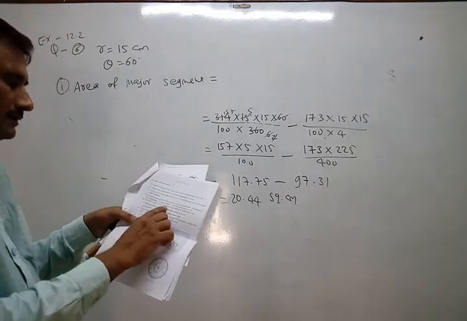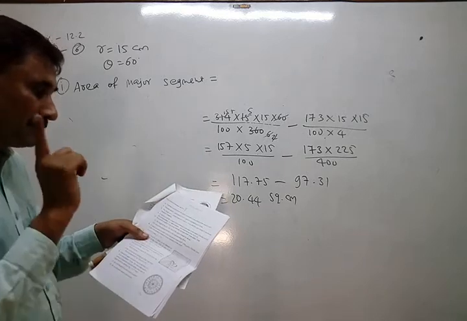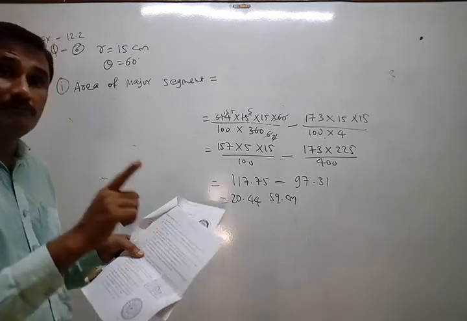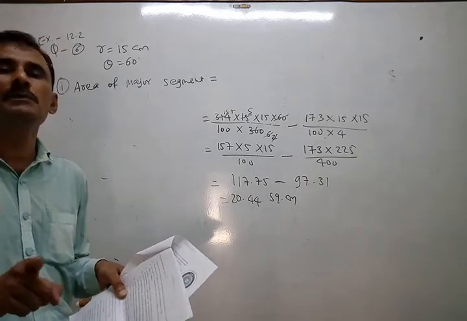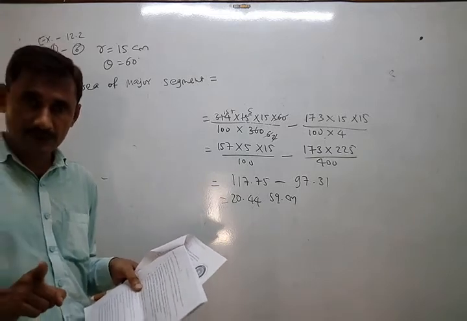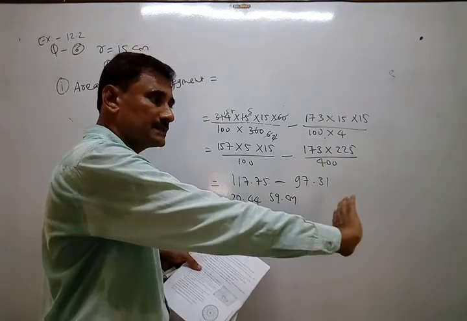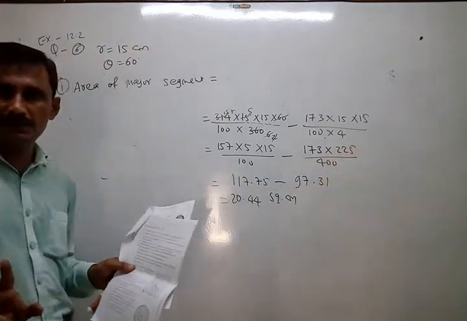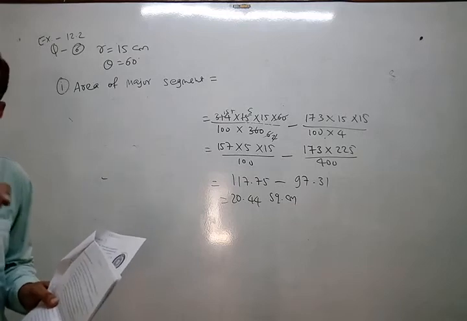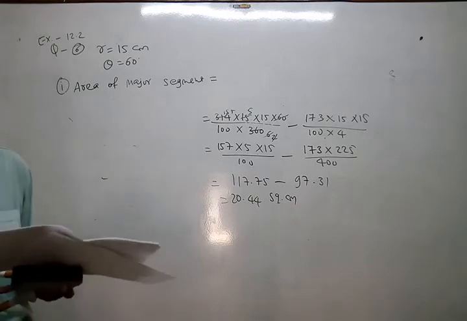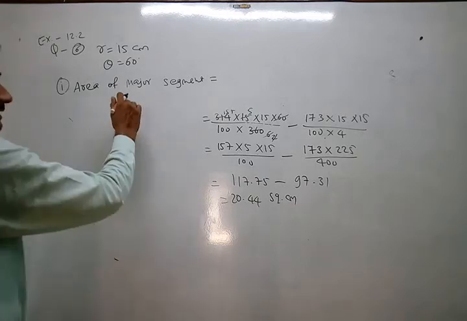In earlier question number 4, we found area of major sector directly, but major segment cannot be found directly. Understand? You have to go through minor segment, then only major segment. But in sector we can find major sector directly also.